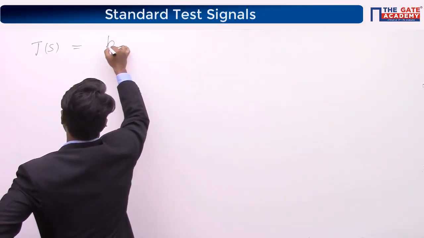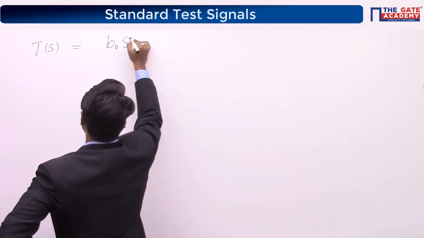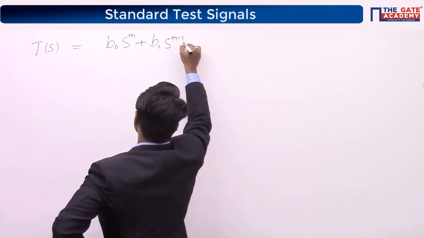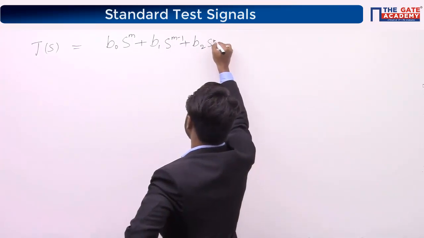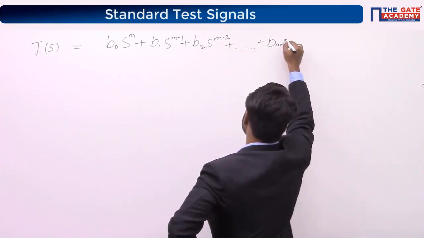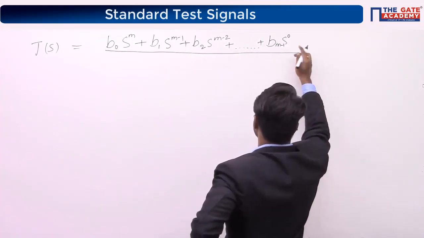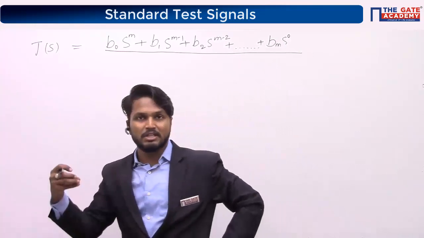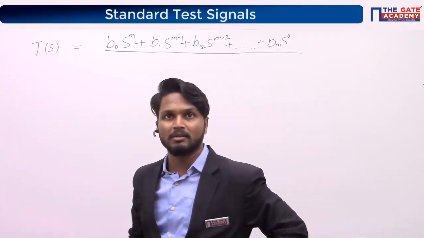Let us say it is b0 s power m, b1 s power m minus 1 plus b2 s power m minus 2, and so on, up to bm s power 0. So this is the general form of a polynomial in terms of s.